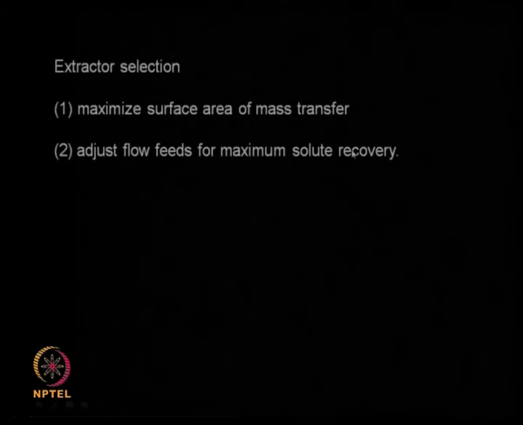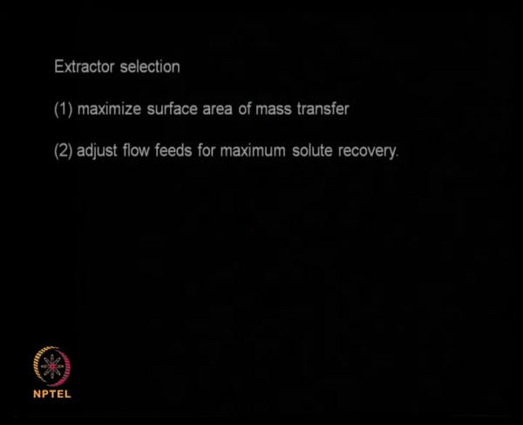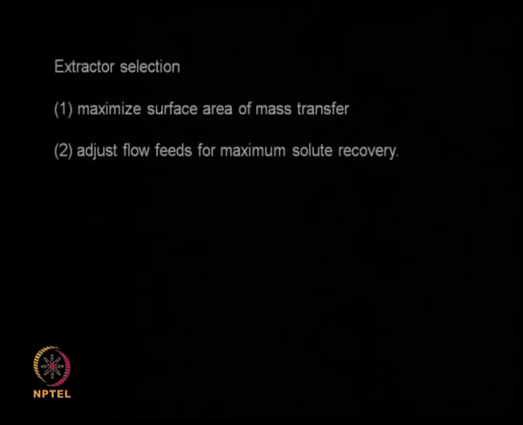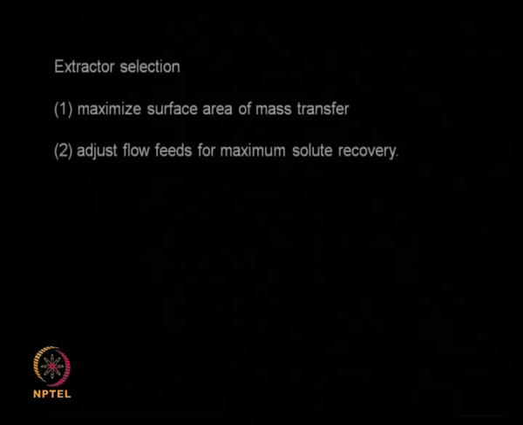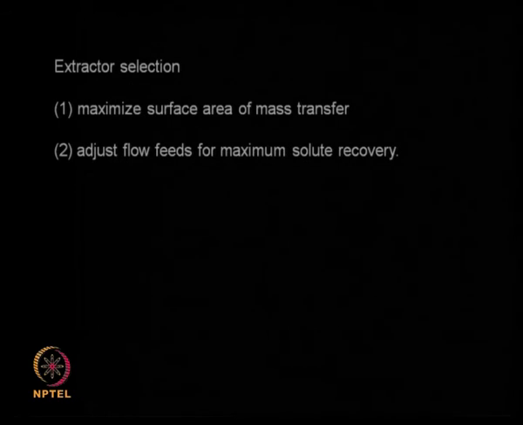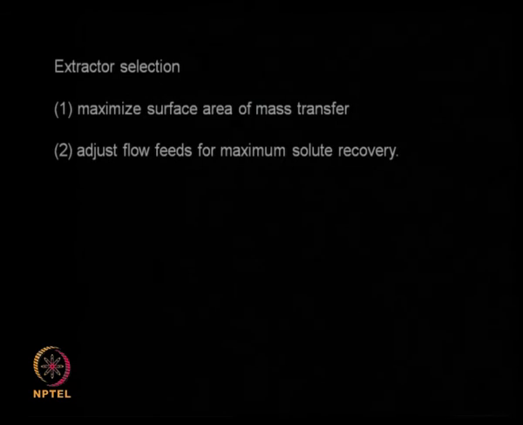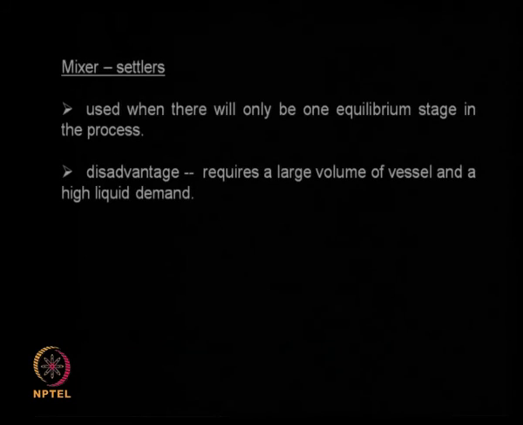That means as much of the solute present in your medium is recovered, and if it is a protein which is high value, then you want to recover almost 100% of the protein into your solvent layer. So, these are the two factors which affect your selection of the extractor. We talked about broadly three types of extractors, if you very clearly remember.